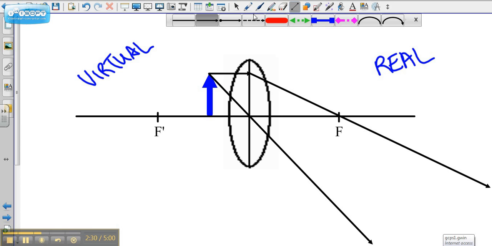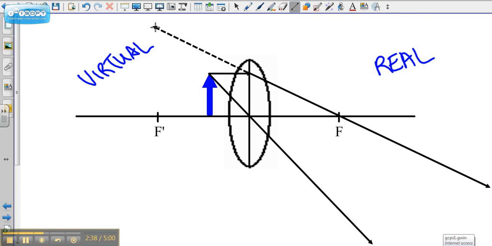To find our virtual image, we'll use dotted lines to represent the virtual, and we will extend only the refraction lines. So here's our first refraction line, and then this one, since it's a straight line through, it refracts up through the line as well. Notice we have a crossing point. We have convergence, and so our image is located there.